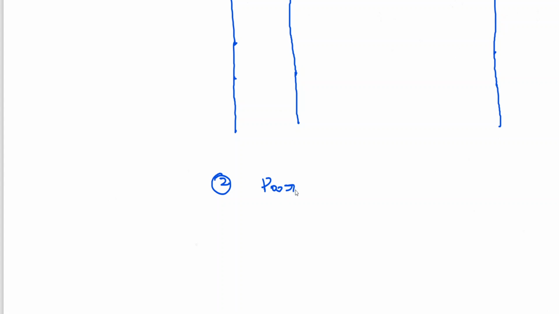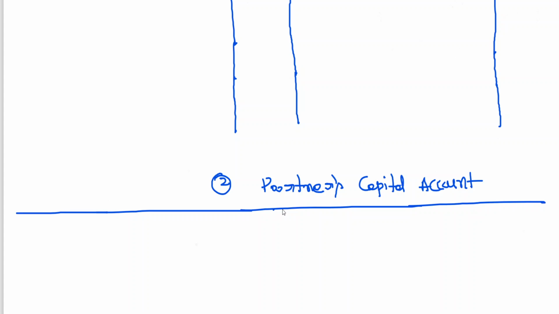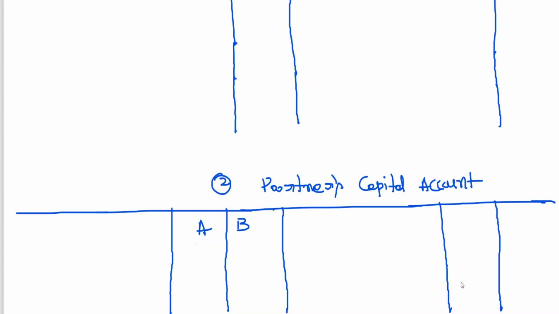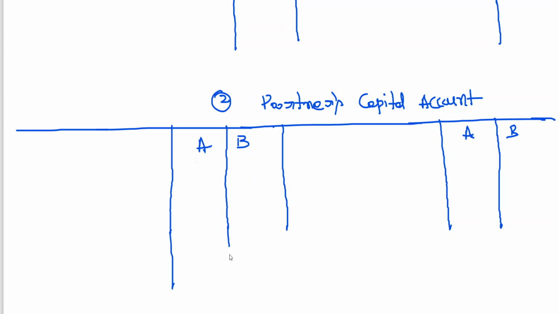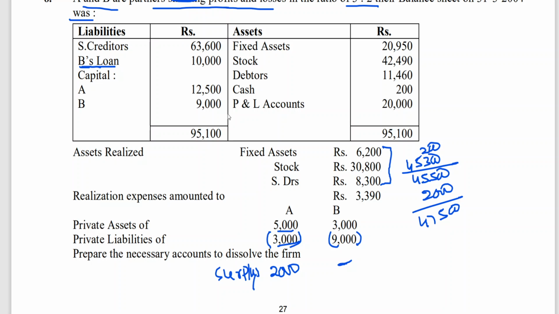We need to open partners capital account, A and B. Third account which I need to open is, as I told you, cash account, then creditors account, deficiency.